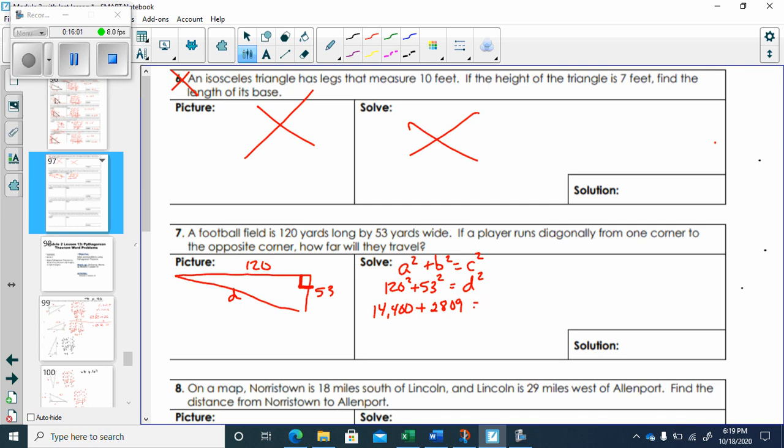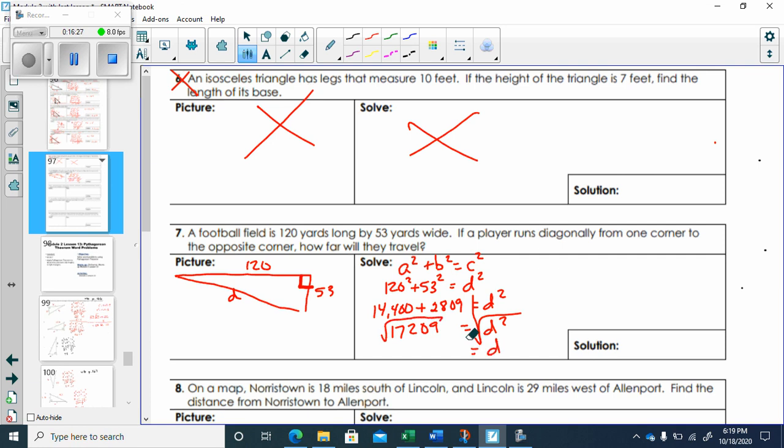Okay, equals d squared. Now if you look at this, guys, to get to the d, I'm going to need to clean this up. I'm going to need to add these two, right? Okay, I've got 17,209 is equal to d squared. The opposite of squaring d is to take the square root of it.